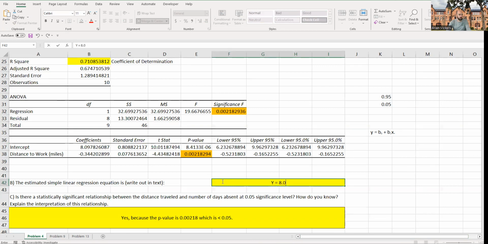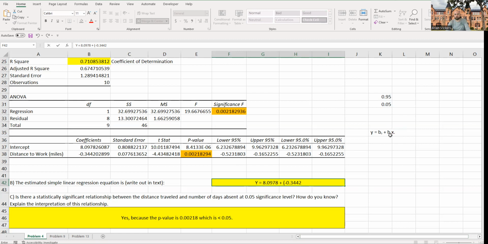So 8.0978 plus, and it's always plus, even if it's a negative number. So plus, we could write negative when we're writing it here. If you're doing the formula in Excel, you need to do plus this value. All right. So let's do it right. So plus negative 0.3442. That's the coefficient of the slope, right? So intercept was this one.